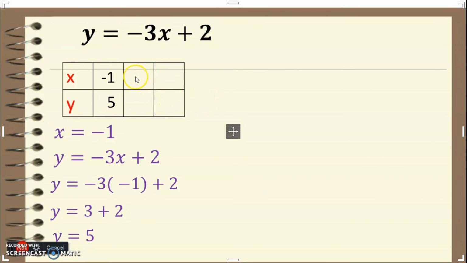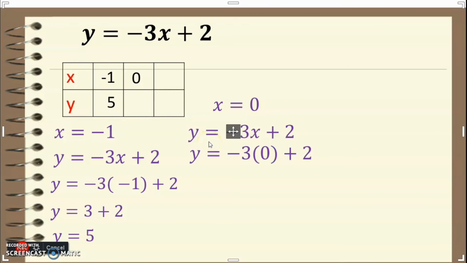Kung mag-assign na naman tayo ng value ng x na 0. So, if x is 0, negative 3 times 0 plus 2 is equal to 0 plus 2. Y is equal to 2. Kung x is 0, y is equal to 2.